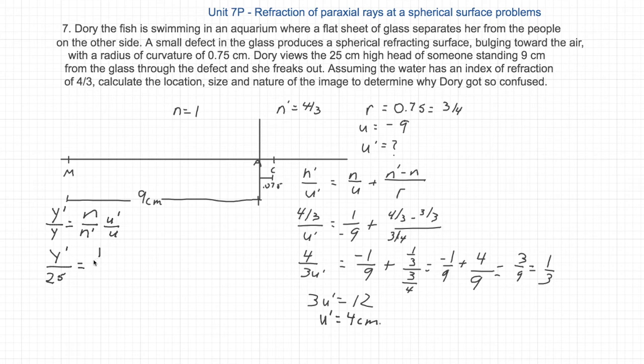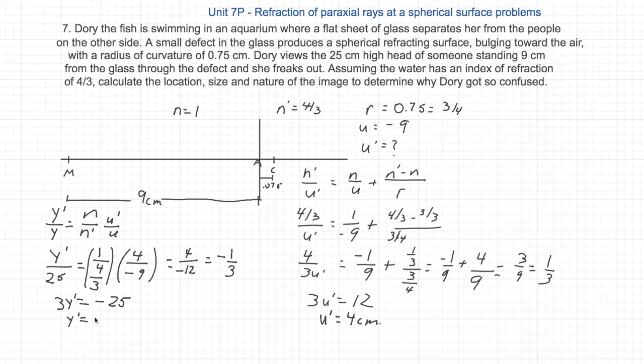We'll plug in what we know. Y prime will be the image size. So the magnification is -1/3, and we find when we cross multiply, 3y prime equals -25, and y prime equals -8 1/3 centimeters.